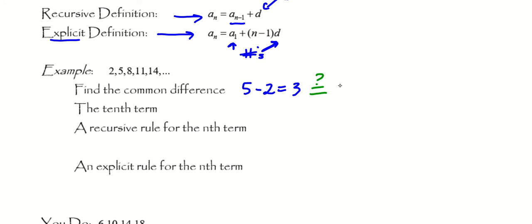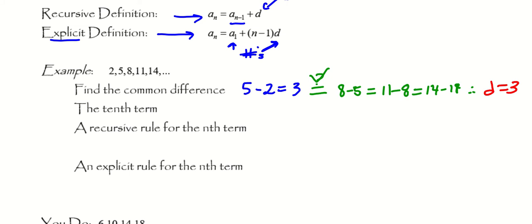So do I get 3 when I take the third term, 8, and subtract the second term? Yes. Do I get 3 when I take the fourth term, 11, and subtract the third term? Yes. And I also get 3 when I subtract 14 minus 11. So those are all equal to 3. That's true, and therefore, our common difference is 3.